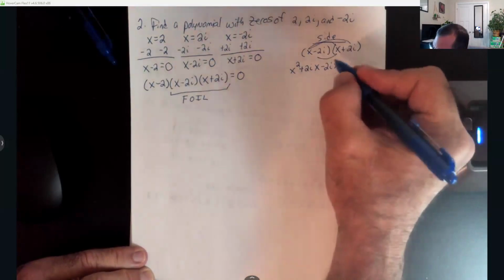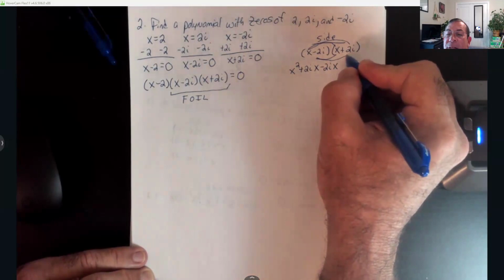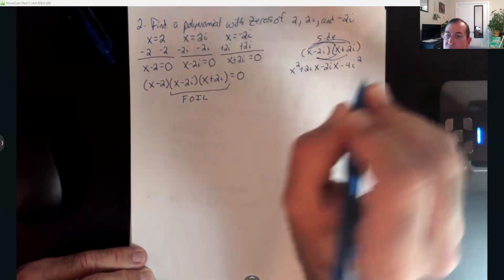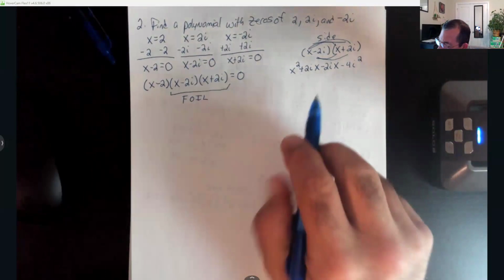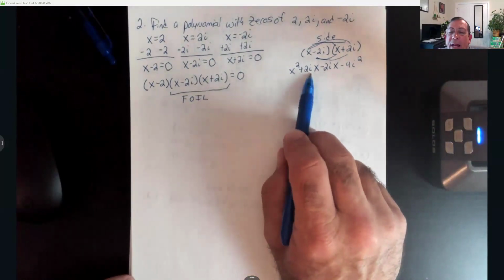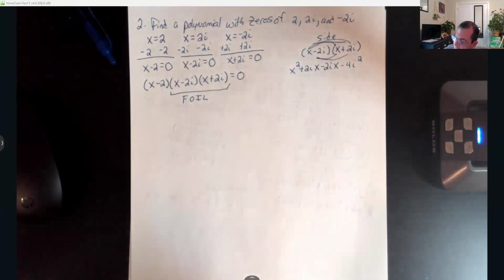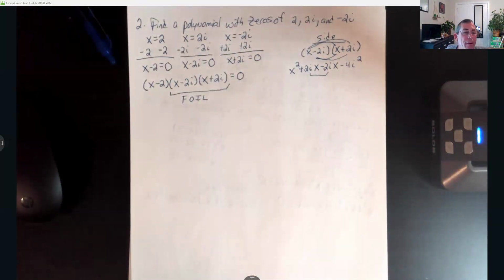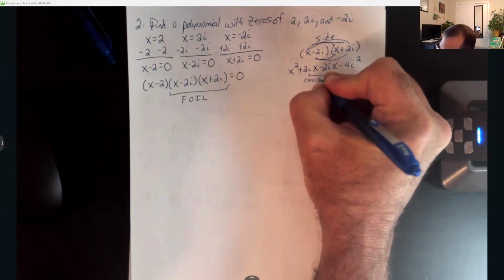The negative 2i times a positive 2i is a negative 4i squared. So y'all watch the magic about to happen. What happens with the 2ix and the negative 2ix? Because y'all, you got like terms right there. Well, they're going to cancel. So the middle terms cancel.